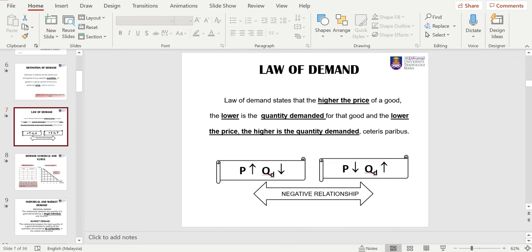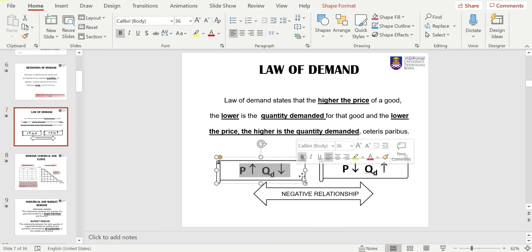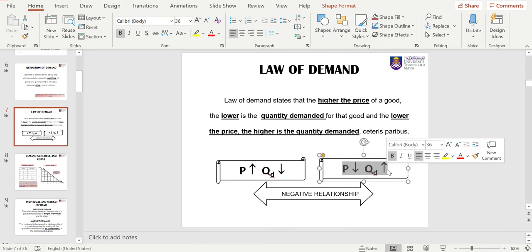We just know roughly that if the price of the product increases, the quantity demanded will go down. That is for sure. We know about that. But we don't know by how much the quantity demanded will go down. Same goes here. If the price of the product decreases, quantity demanded will rise, but by how much?